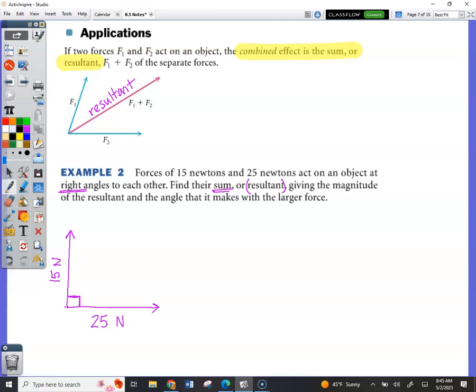It says, find the sum or the resultant. Okay, so this right here, let me get my highlighter. Find their sum or resultant. That is telling me, draw that vector that comes out of the middle of the two other vectors. And you want to be careful when you draw it.